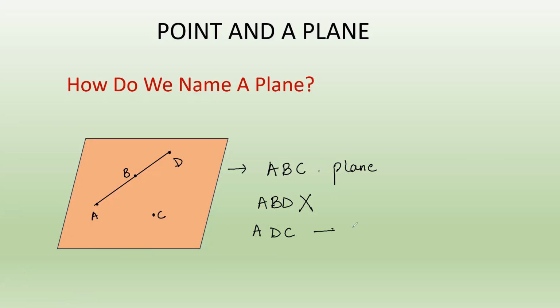Can we call this the ADC plane? Yes. Why? Because the points A, D, and C do not lie on the same line. Hence, we can call this plane ADC.